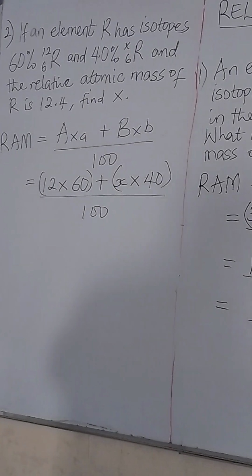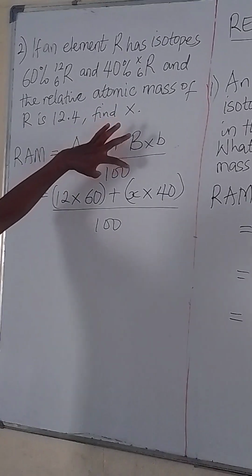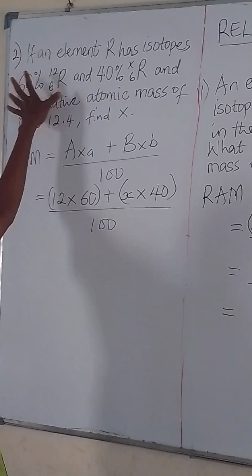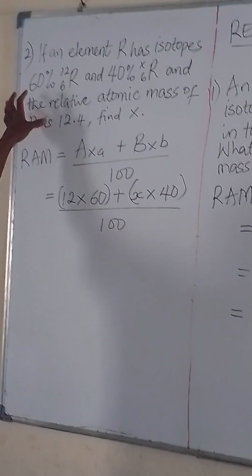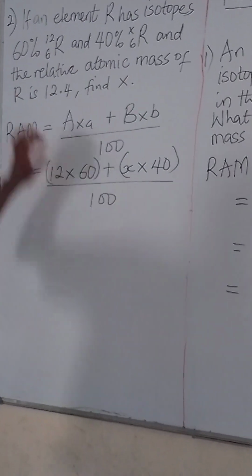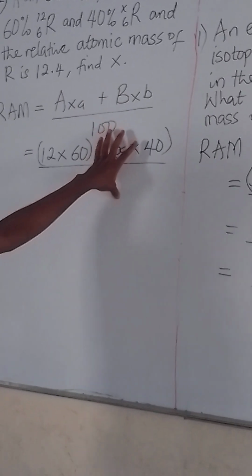Remember, I told us in our last class that the reason why we have 100 is because the summation of the relative abundance will always give us 100. So 60 plus 40 gives us 100.